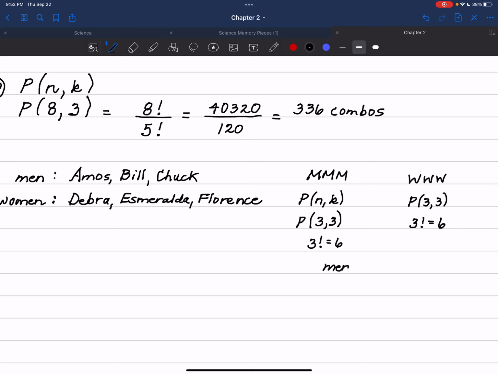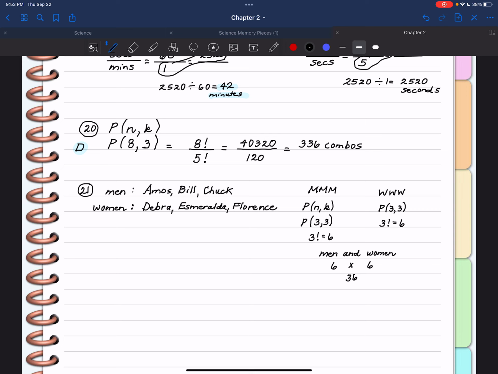Now, what does the word "and" mean in this type of problem? It's multiply. Okay? So you have 6 different ways to put the men together, and you have 6 different ways to put the women together. And 6 times 6 is 36 ways to put them both together. So I like answer B as in Bravo for this one.